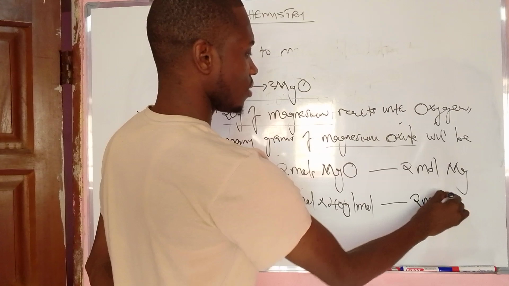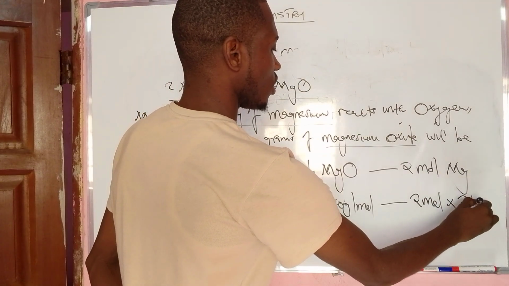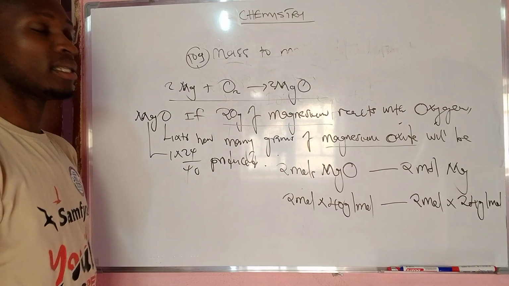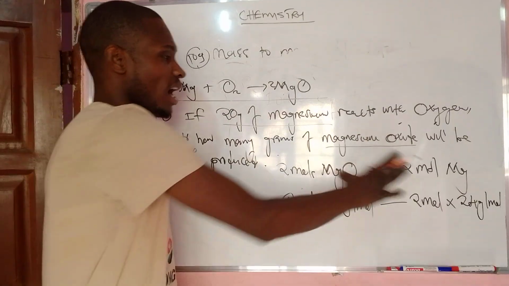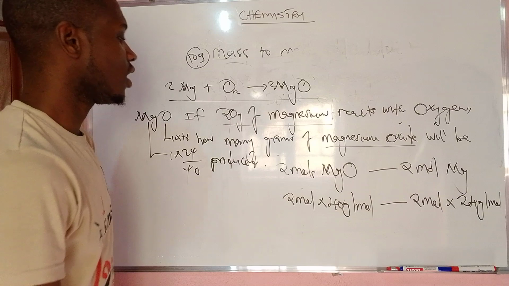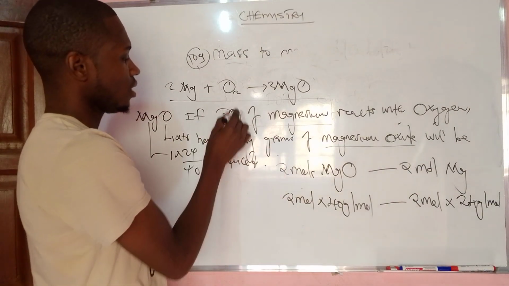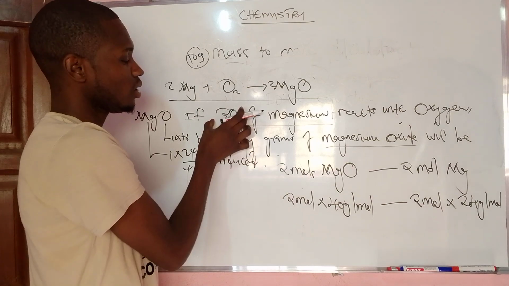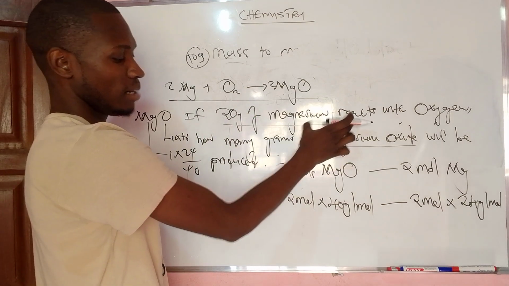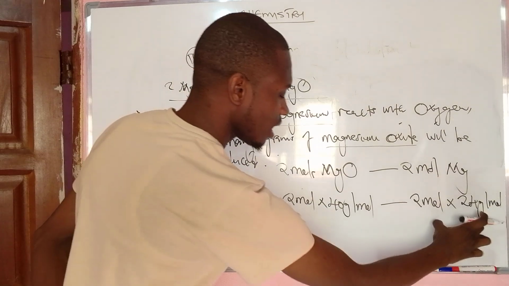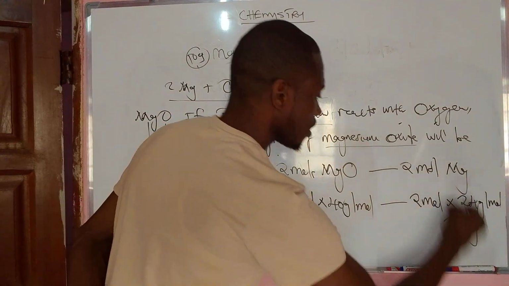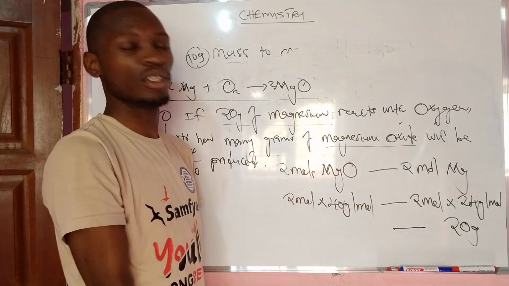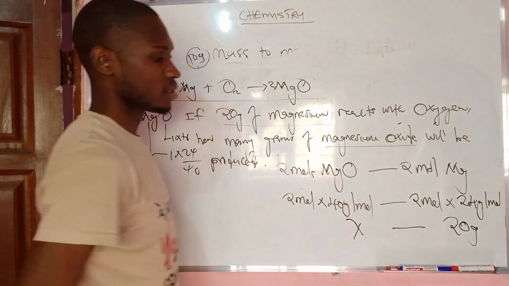So 2 moles multiplied by magnesium, that's 24 grams per mole. That is the molar mass. After you do this, you come back to the question. Get 20 grams of magnesium; this 20 will be for magnesium here. So you put 20 grams here. Then here, since you're looking for the mass of magnesium oxide, which we don't know, you're going to put X.